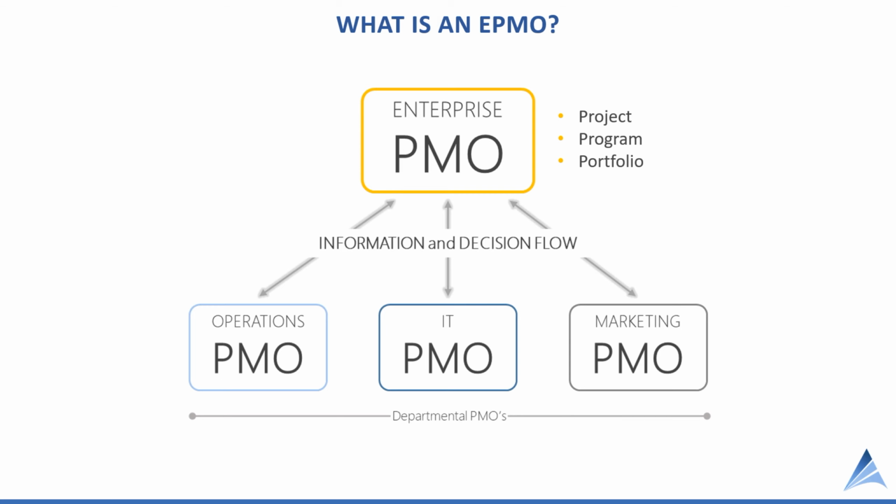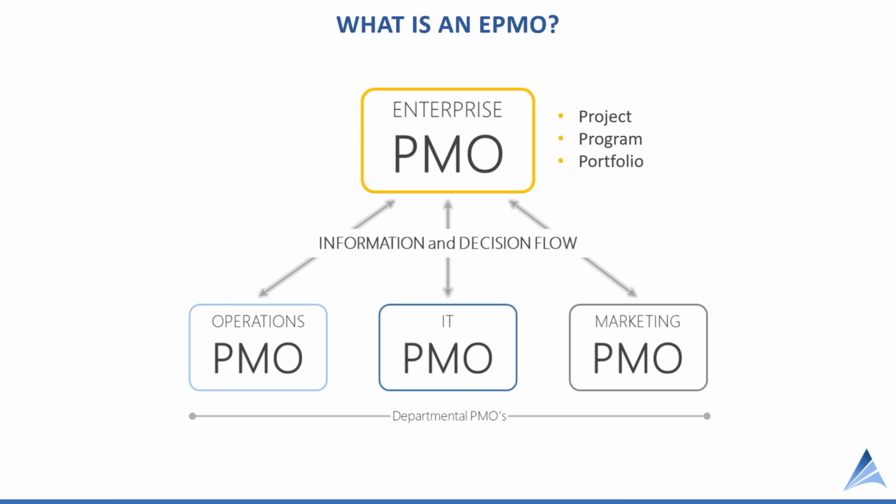Now, the structure of an EPMO in relation to a PMO is also very important, because at some organizations, they only have an EPMO. The projects affect the entire company. In other cases, you may have departmental PMOs. You might have an IT PMO, very common.